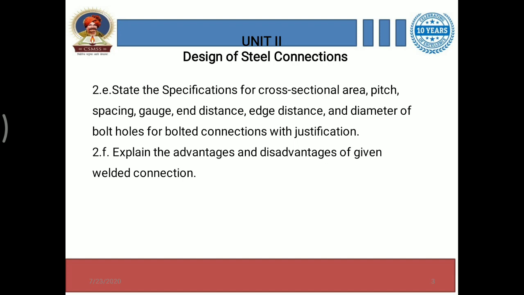Riveting requires more labor and supervision, and it is noise polluting. That means it creates noise during fabrication, and that's why most of the time bolted connections are preferred over riveted connections.